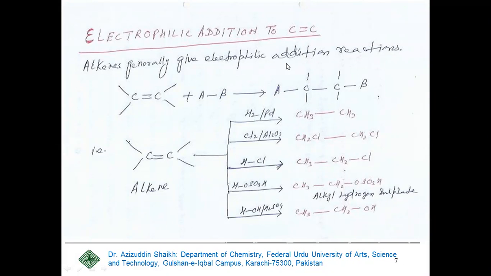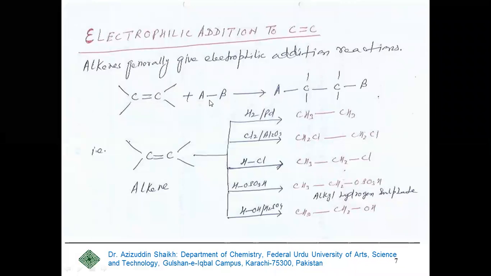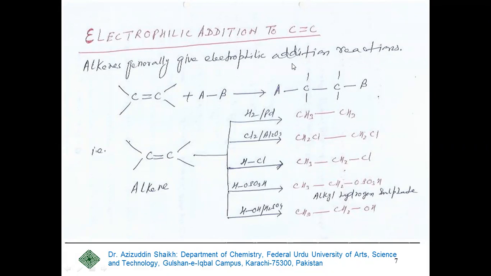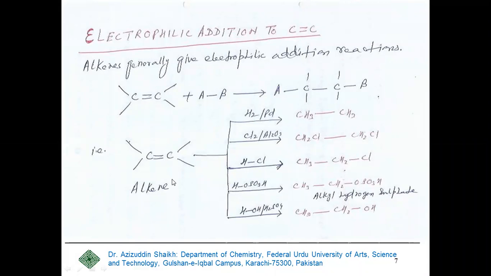For example, take this carbon double bond carbon and a molecule AB, where one atom is A and another is B. This molecule is added to the alkene. The pi bond will be broken and two sigma bonds are formed. This is the addition product.